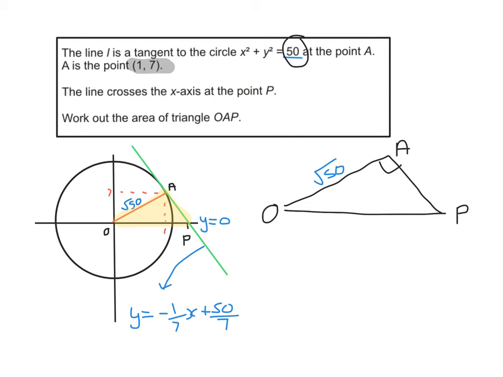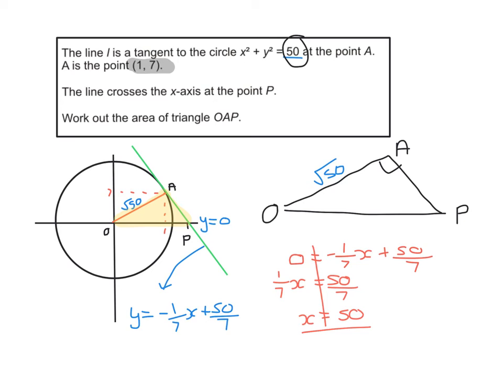So 0 equals minus 1 over 7x plus 50 over 7. Now I've got a negative x here, so the first thing I'm going to do is add 1 over 7x to both sides to make it positive. So 1 over 7x is equal to 50 over 7. And I'm going to times both sides by 7, so I get x equals 50.